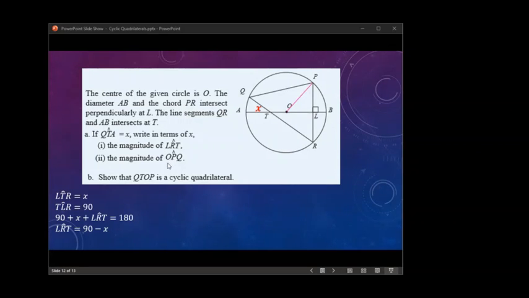Okay, so now we have found LRT in terms of X. LRT is equal to 90 minus X. So we'll move on to OPQ.